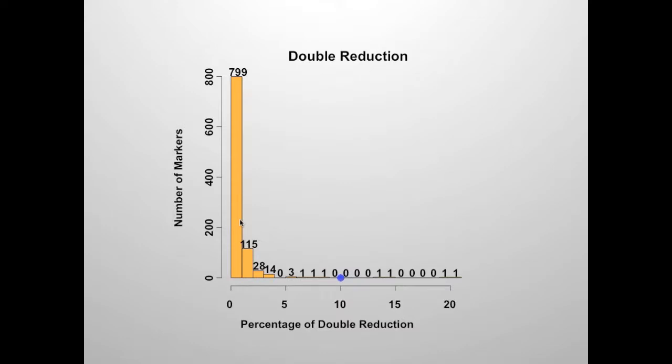You can see that most of the markers had less than 5% of double reduction, but there were some that were above 10. What we expect from the kind of cross that we have, nulliplex by simplex and simplex by nulliplex, is 10% of double reduction as the highest. So everything that was above 10%, I just eliminated from the data set.